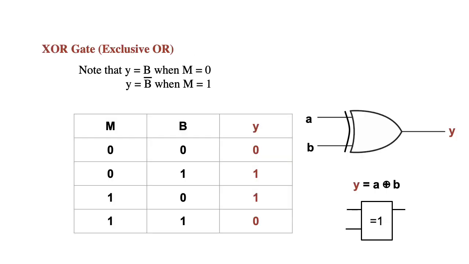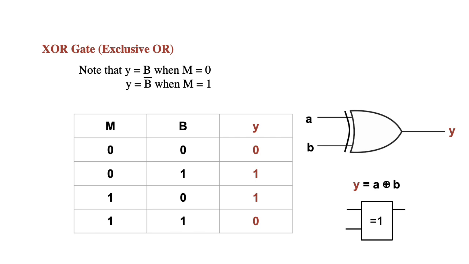We'll explain this again in a different way. Remember the XOR gate's truth table. So if we have an XOR gate that takes M and B as inputs, then Y will be as such. So this is exactly the truth table of an XOR gate. We said Y is equal to B when M is 0.